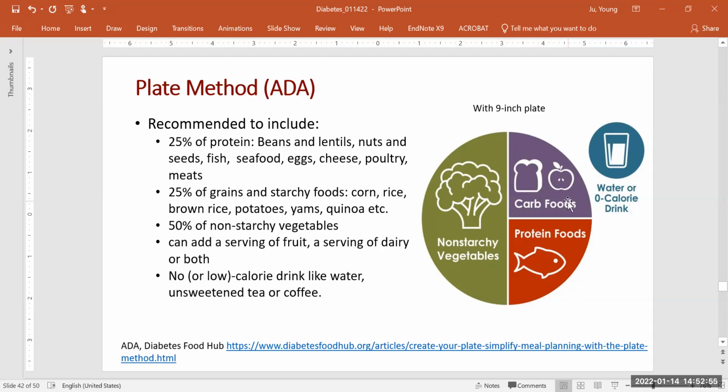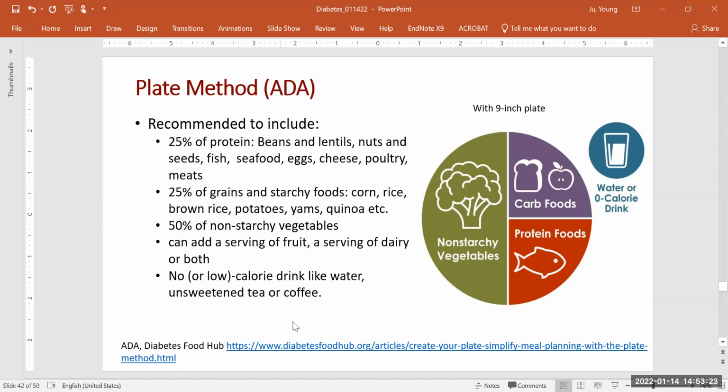Could be corn, rice, brown rice, potatoes, yam, or quinoa, etc. And 50% of non-starch vegetables. Then you can add a serving of fruit or a serving of dairy or both as your meal plan allows. And then choose a low calorie drink like water or unsweetened tea or coffee.